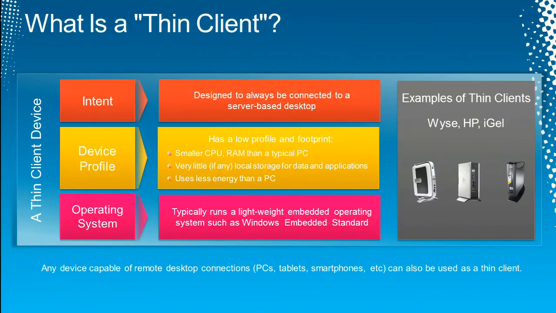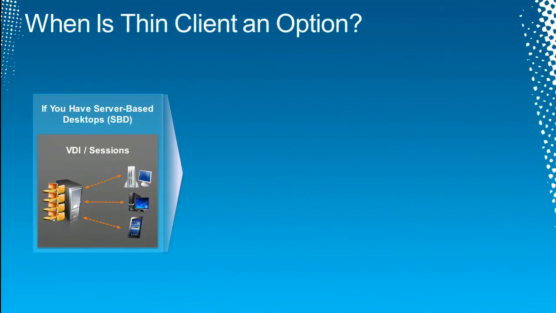And in order to understand that a little bit more, I'm going to dig into the options we have at Microsoft specifically. So when you look at a thin client, you typically ask yourself one question first. Do I have server-based computing? So whether that's VDI, session virtualization, or something else, you're probably looking at thin client options.